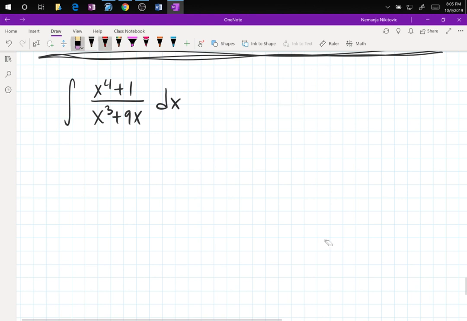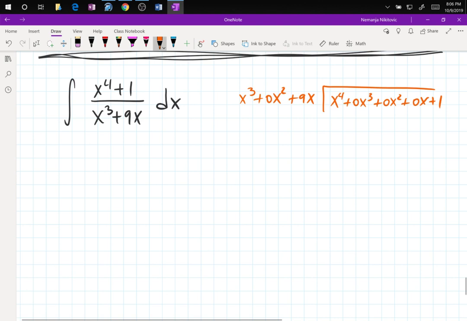You need all the placeholders. So x cubed plus 0x squared plus 9x divided into x to the 4th plus 0x cubed plus 0x squared plus 0x plus 1. There we go.